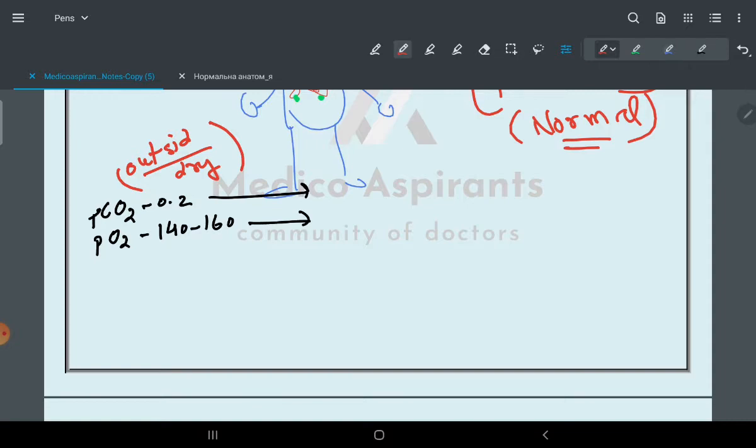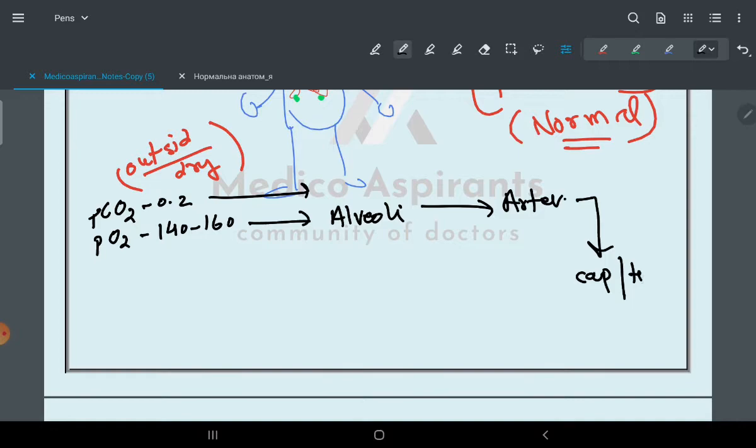And when it goes inside, it goes next to the alveoli, then to the artery, then to the capillary or tissue, then to the vein, and further it will come to the alveoli, and from the alveoli it will go outside.